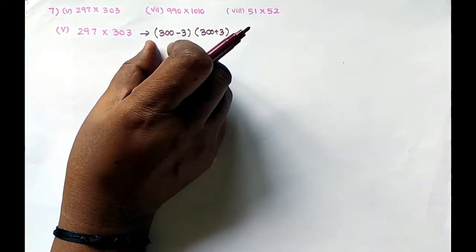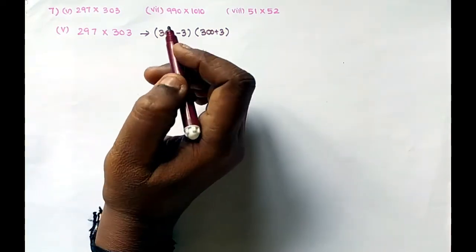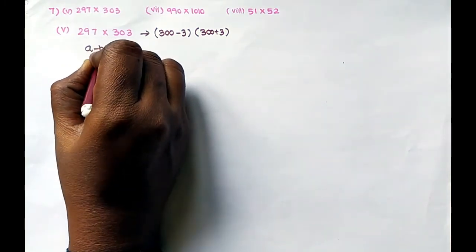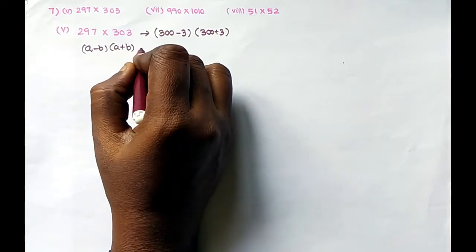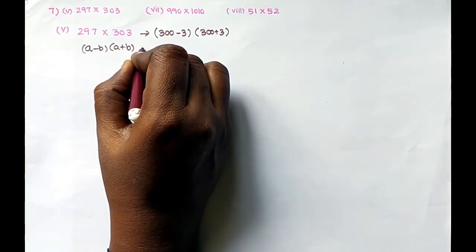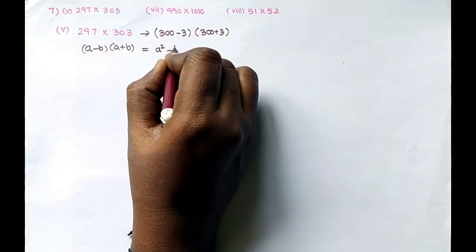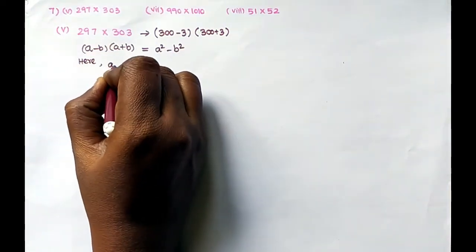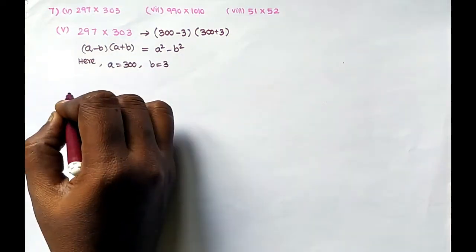It is in the format (a minus b) into (a plus b). What is the formula? (a minus b) into (a plus b), or (a plus b) into (a minus b). Everything is the same, no? So that is a squared minus b squared. Here a equals 300, b equals 3.